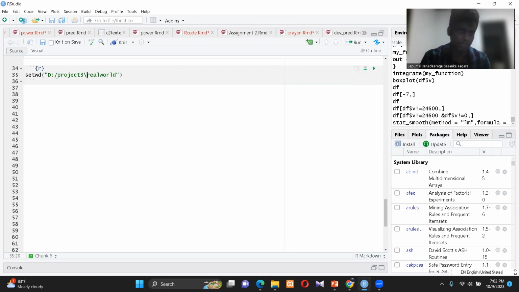What is the name of the data frame? Let's call it V against T.